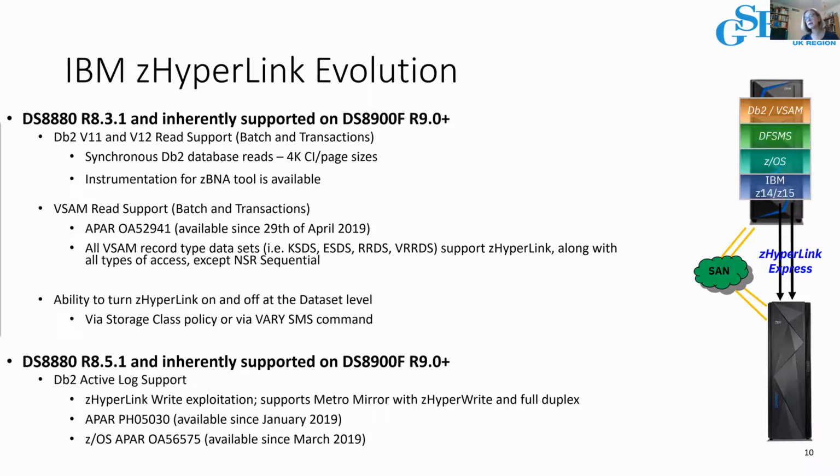We're not necessarily doing it for all of your DB2 writes per se, but if you can focus on that logging, that really does have that benefit of removing bottlenecks, or really wherever the zBNA tool is able to identify good candidates that would be beneficial to you. And so that's supported in both storage and in software.